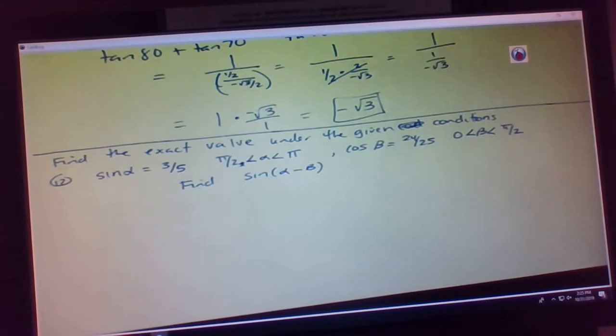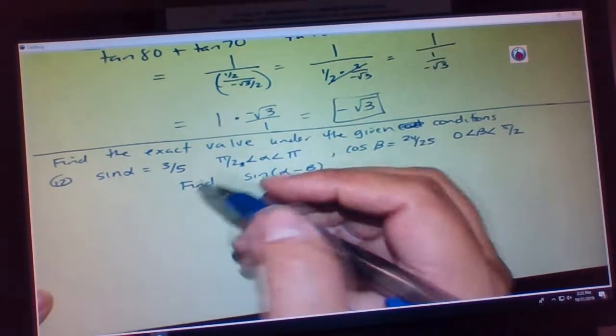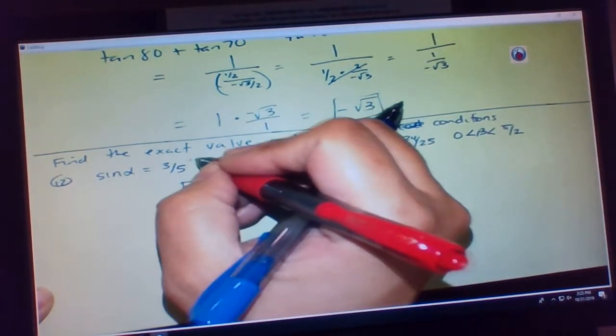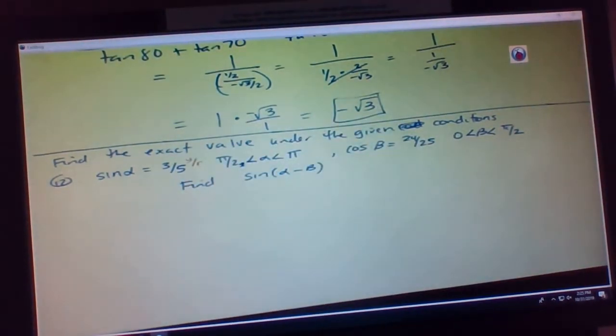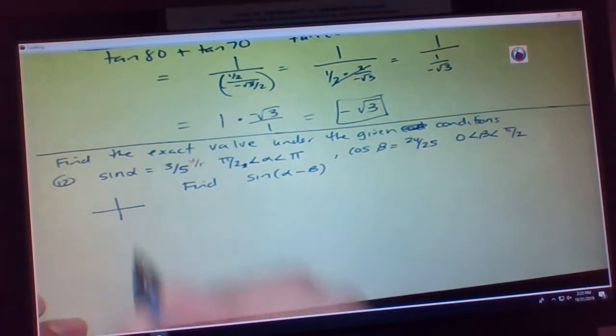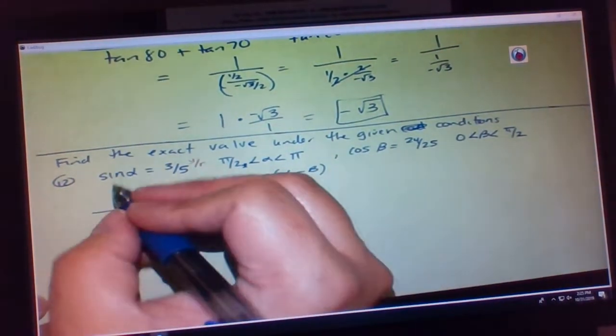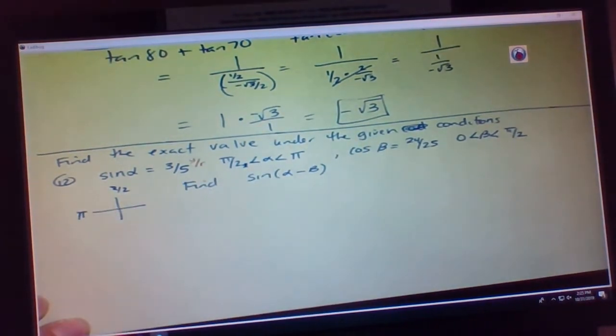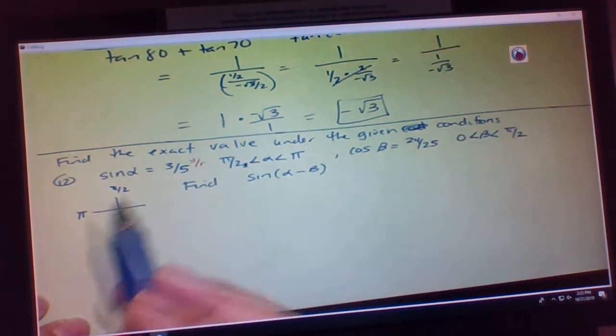Now, first thing is we need to understand that sine is what over what? Y over R. I need to somewhat draw a little triangle. We are between pi over 2 and pi.